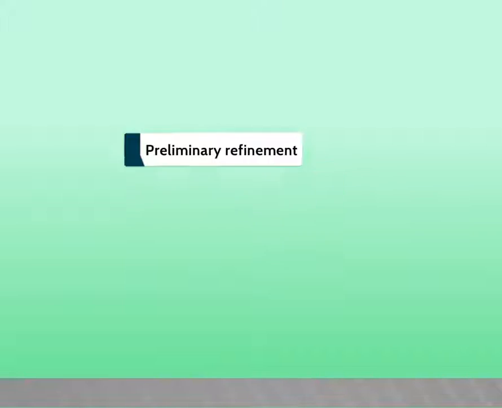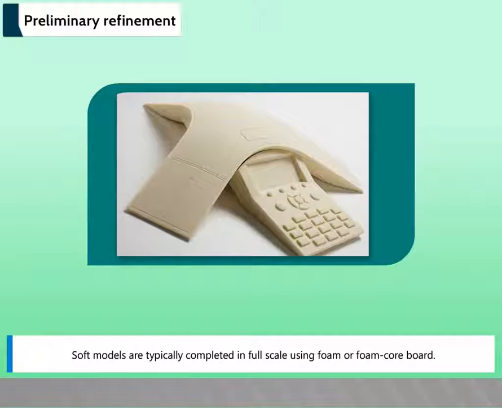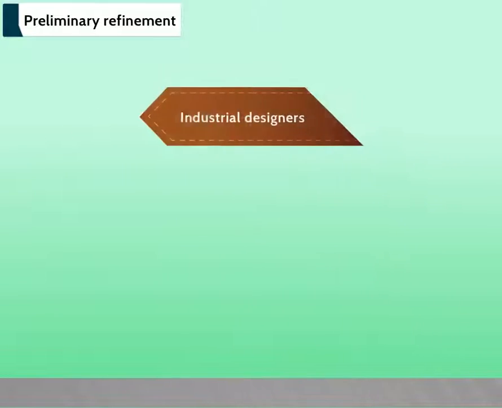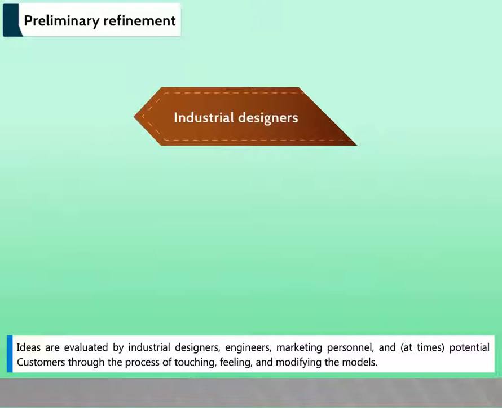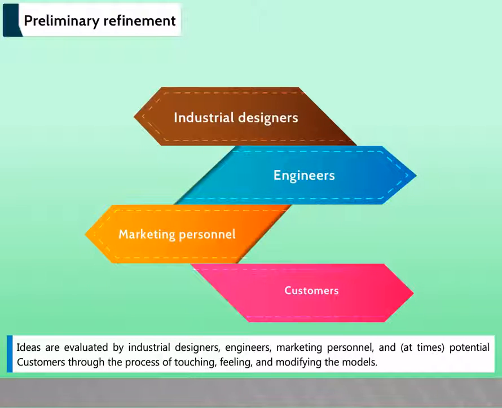Preliminary refinement. Soft models are typically completed in full scale using foam or foam core board. Ideas are evaluated by industrial designers, engineers, marketing personnel, and at times potential customers through the process of touching, feeling, and modifying the models.